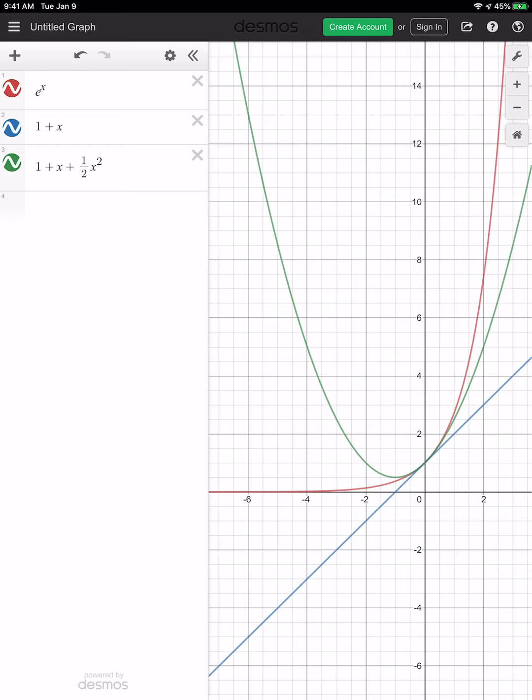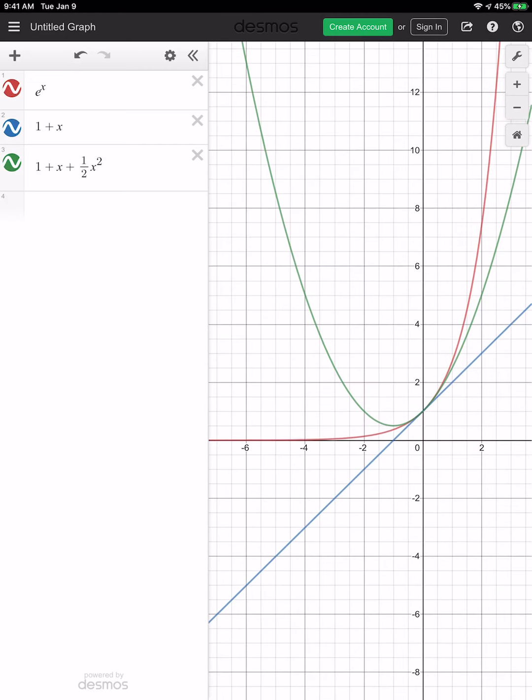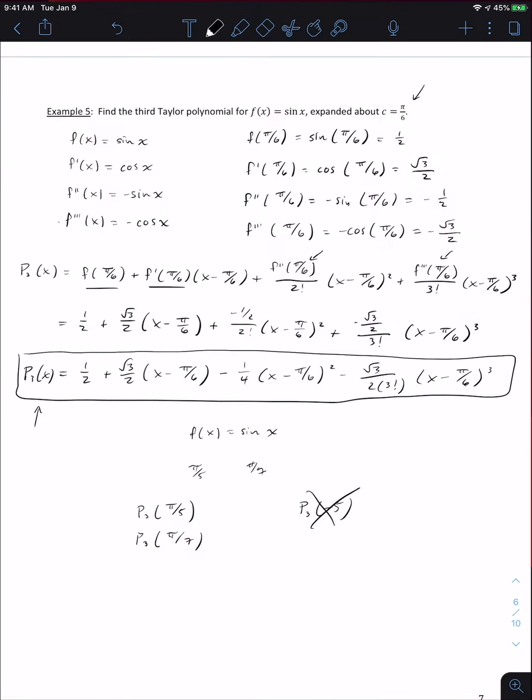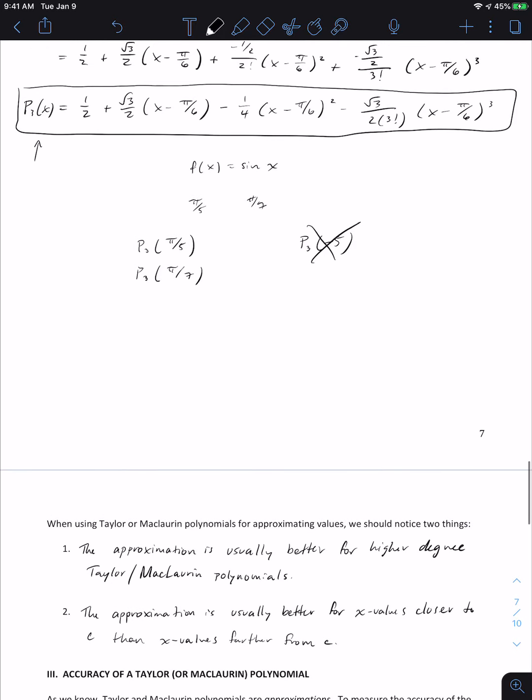But if I plug into the green function, I'm going to have some really big value, almost like 10, and I would have all the way down here to almost negative 4, right? Not anywhere close to 0. So it only really works if I'm really close to the value that I'm centered upon.